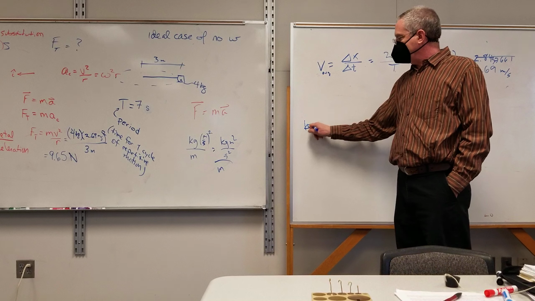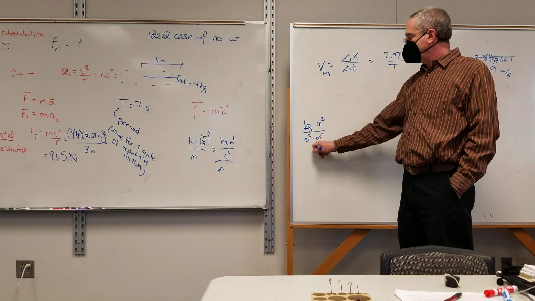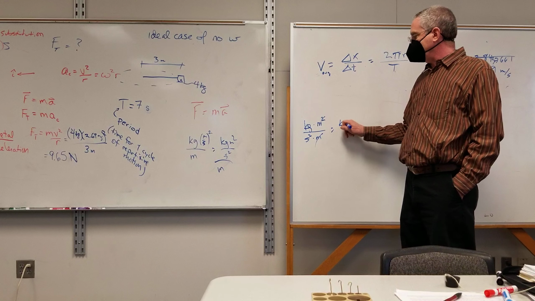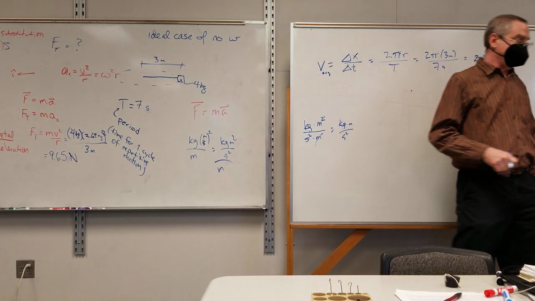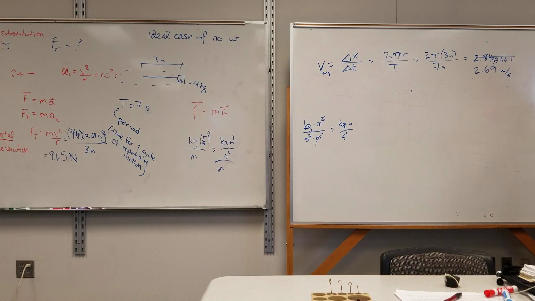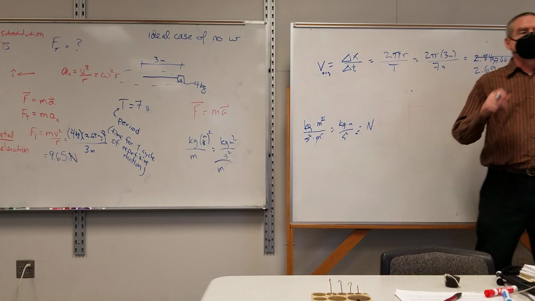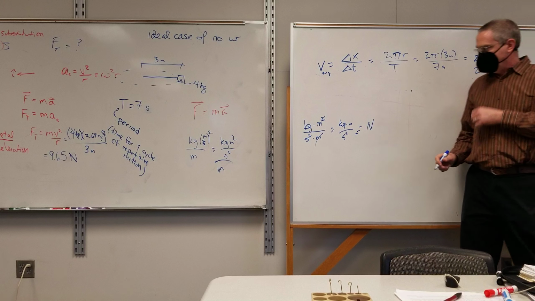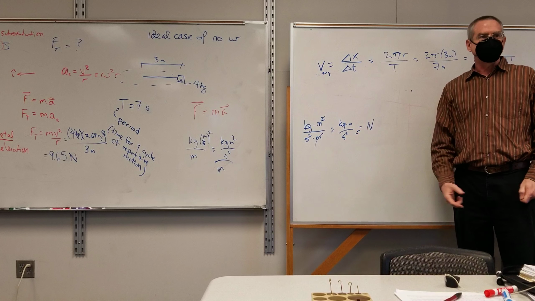So you're left with a kilogram meter per second squared, and that's fine. That's a legitimate unit. It's also equal to a Newton, but some people will just leave it like that.